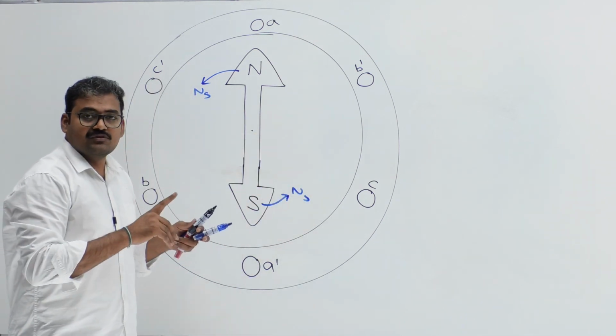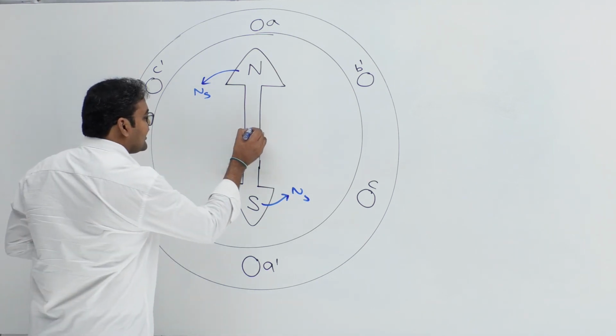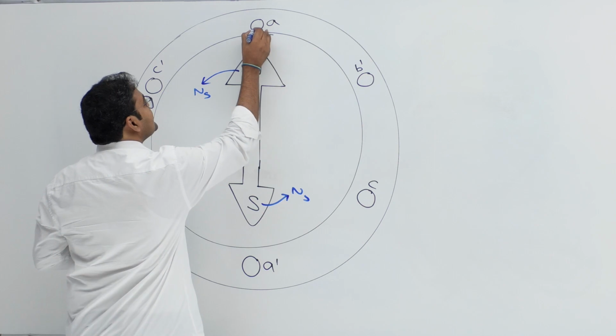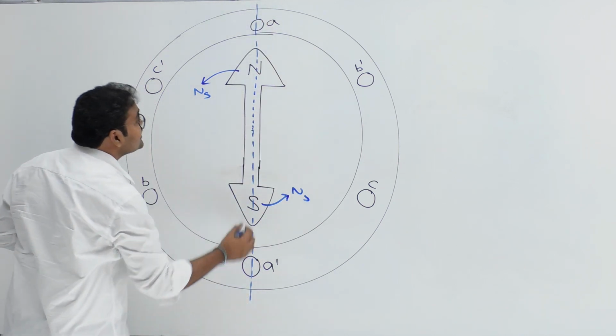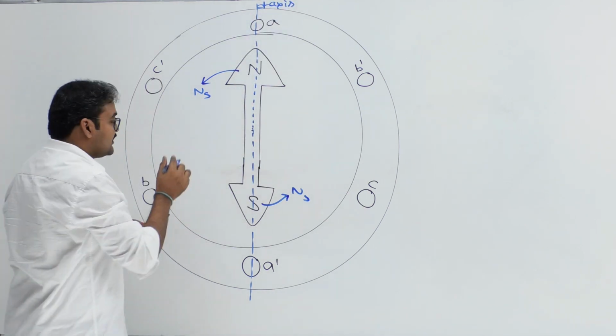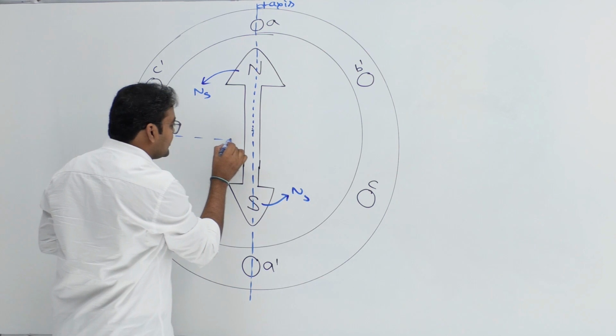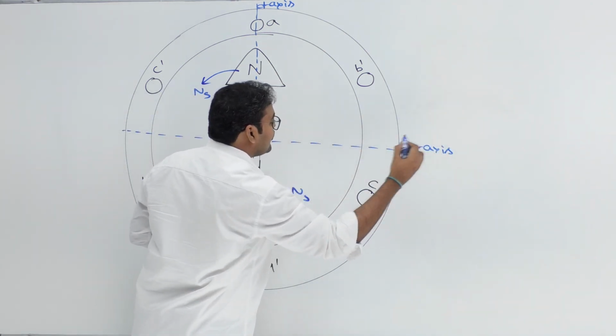Now write down where is polar axis and where is interpolar axis first. The line which is passing through the pole is the polar axis, also called the direct axis of the machine. The axis which is perpendicular to the polar axis is the quadrature axis or interpolar axis.